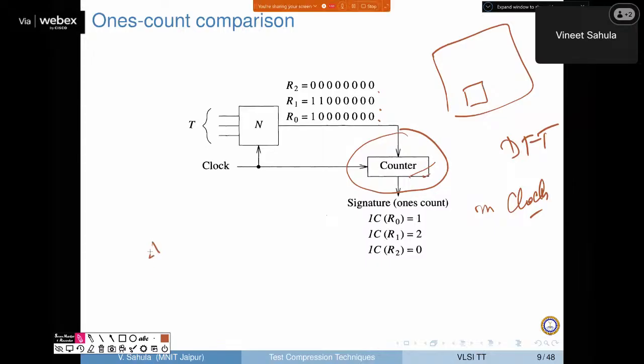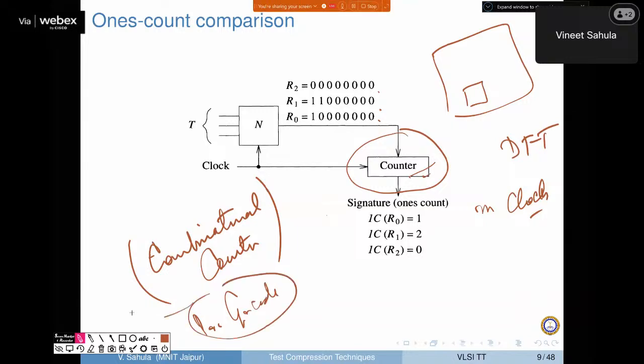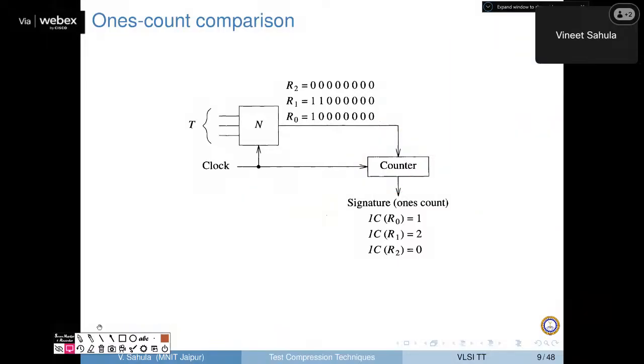You may have a combinational counter, which makes use of a priority encoder. You can use a priority encoder to realize a combinational counter. We'll discuss that some other time, not today. So this is a very simple circuit for compression, very well implemented. This is a good method of compression.